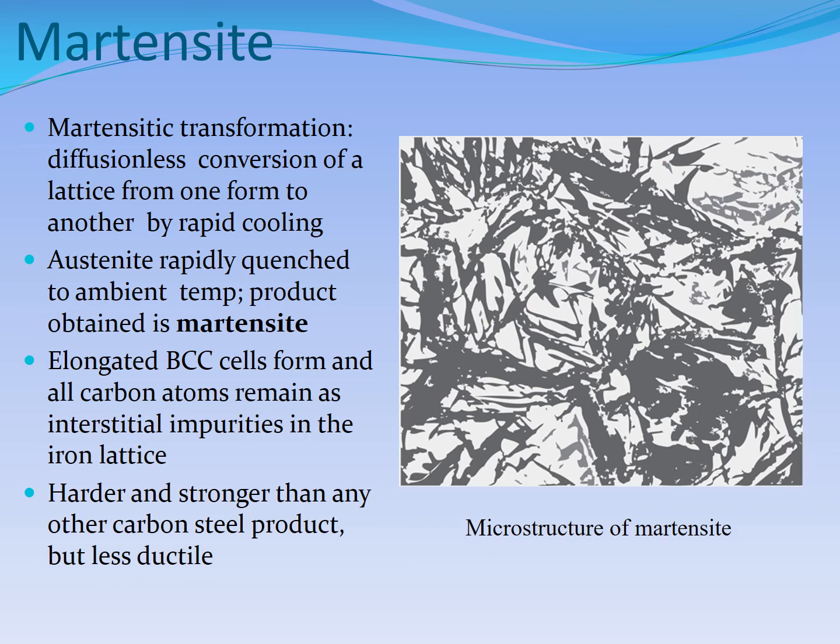If you suddenly cool steel from a very high temperature to room temperature, this non-homogeneous diffusionless cooling will result in a phase called martensite, an elongated BCC structure. BCC is a standard cube. All sides are equal.